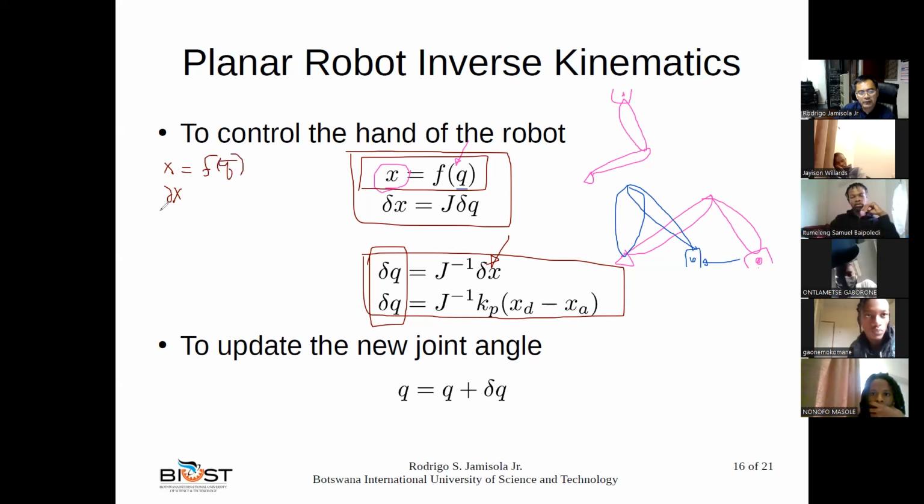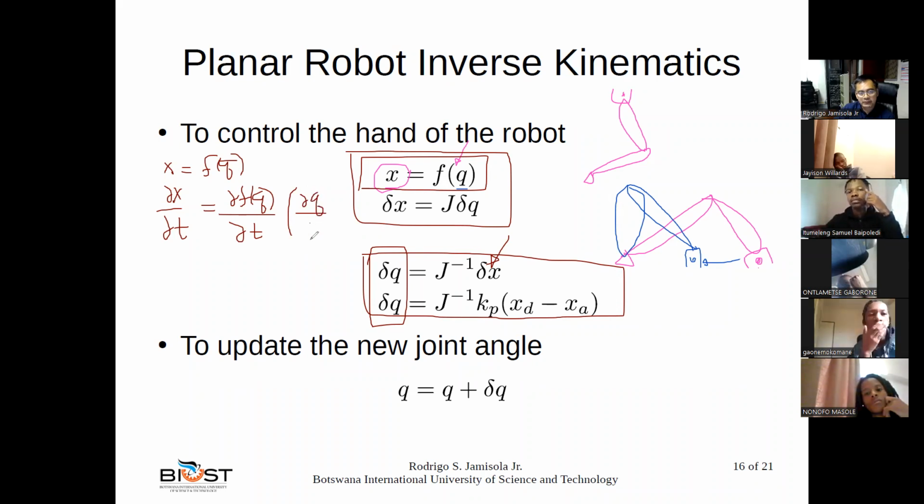We take the derivative of x with respect to time, and also the derivative of f of q with respect to time. Because f is dependent on q, you take the derivative of the independent variable, partial of q with respect to partial of t. That's it.